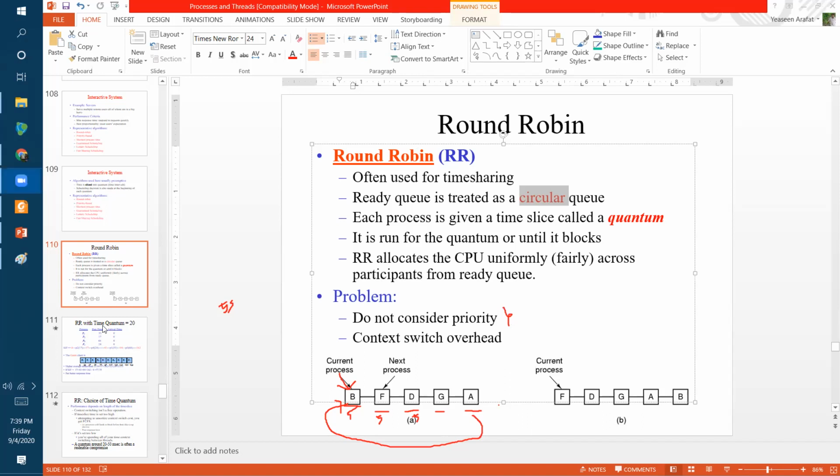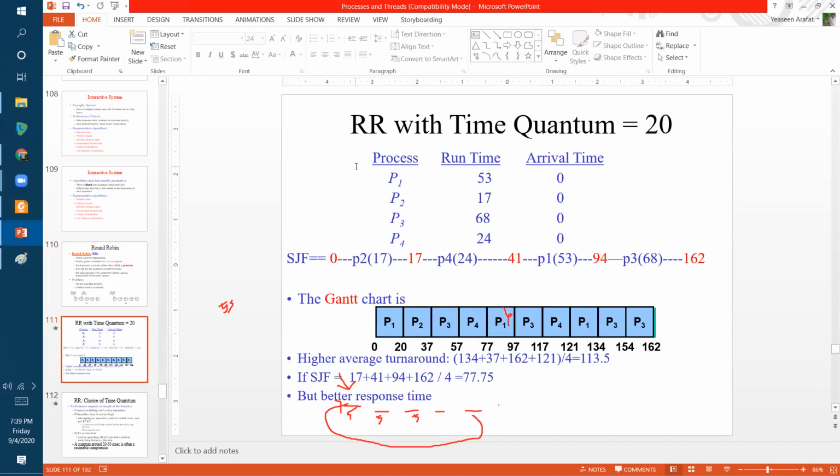Now we look into a scenario. Here comes the fun part. Round robin algorithm with a fixed time quantum of 20 seconds. P1 needs 53 seconds, P2 needs 17 seconds, P3 needs 68 seconds, P4 needs 24 seconds.